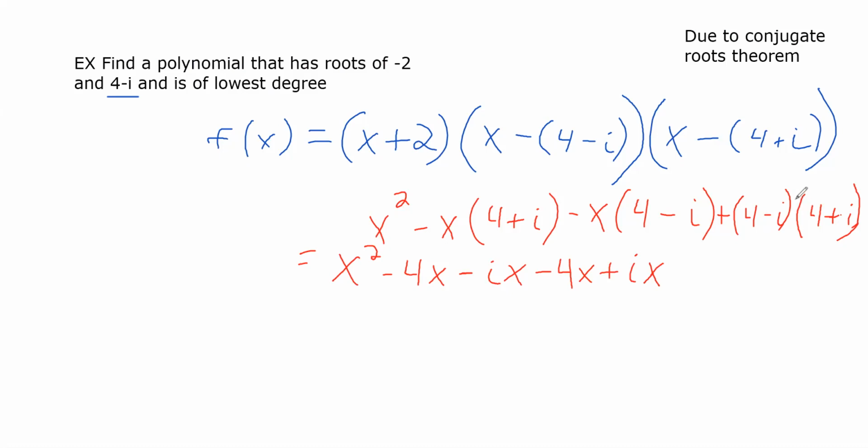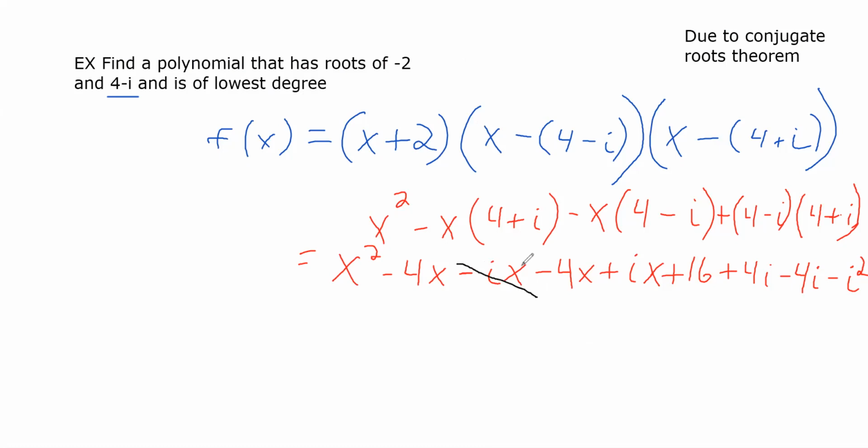Then I need to FOIL out these pieces here. 4 times 4 is 16, plus 4i, minus 4i, minus i squared. Let's clean that up a little bit, and now we can do some of our simplification.